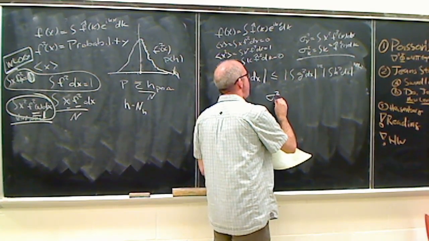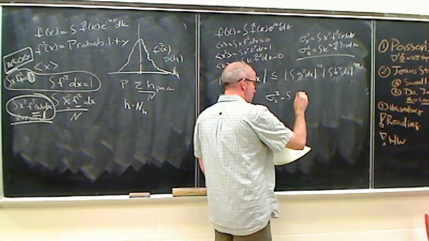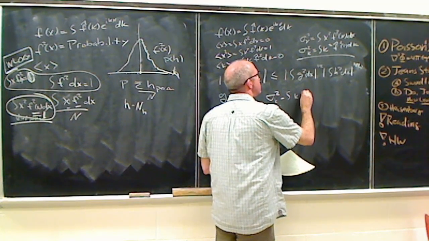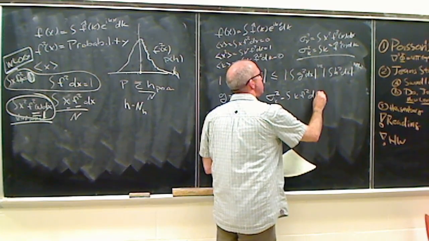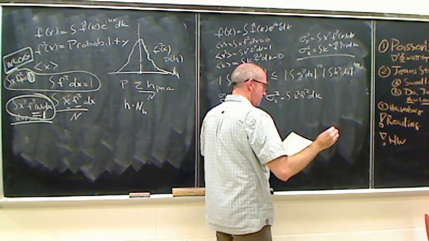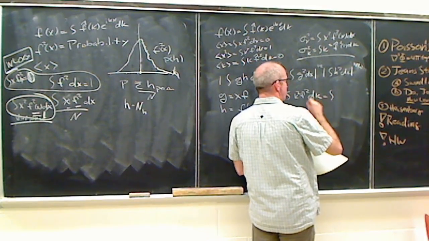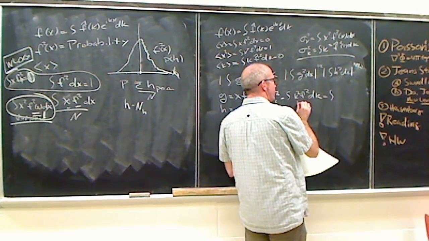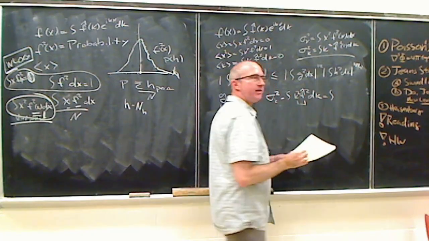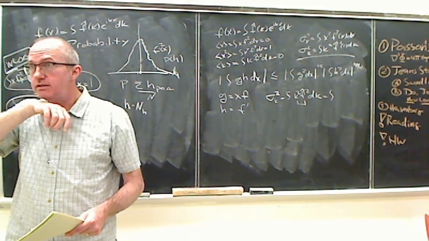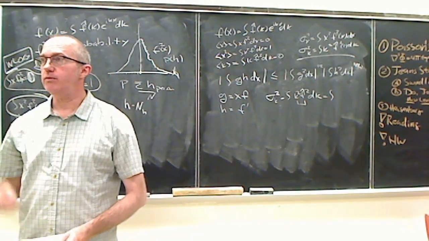Sigma squared k is equal to the integral of k squared f hat squared dk. I've got k times f hat. And what is k times the Fourier transform in real space?